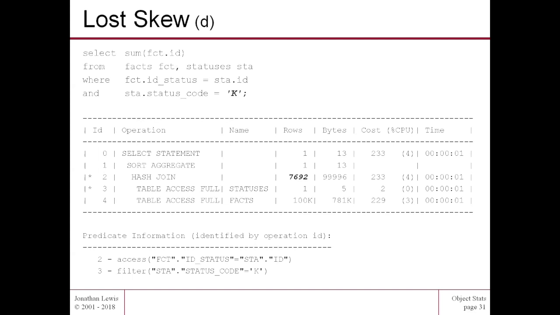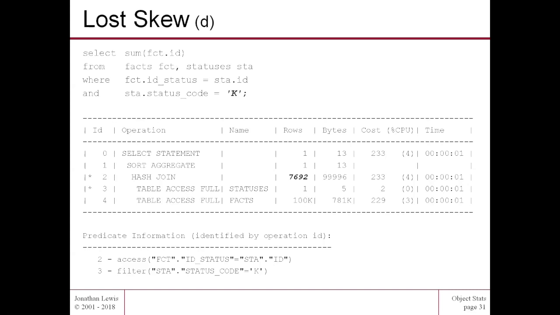In effect, it's not quite how it's done the arithmetic, but that's 1/13 of the data, right? Oracle has lost the skew that we told it about on the status ID on the facts table because we've joined out to the dimension table and we're querying the data by the dimension value. And that's pretty much a disaster.